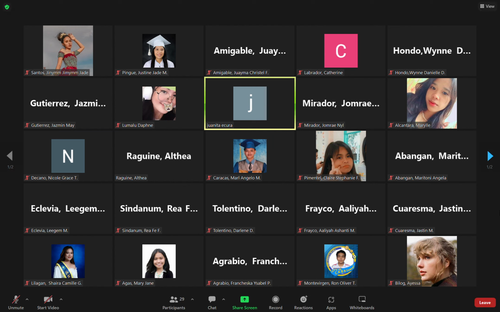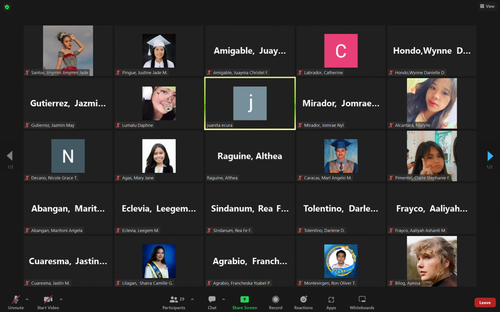Problem number 4, page 378. The accounting for byproducts. So the byproduct, the accounting for byproduct or the net revenue from the byproduct, yung sales minus selling costs, may be treated as an additional sales revenue.